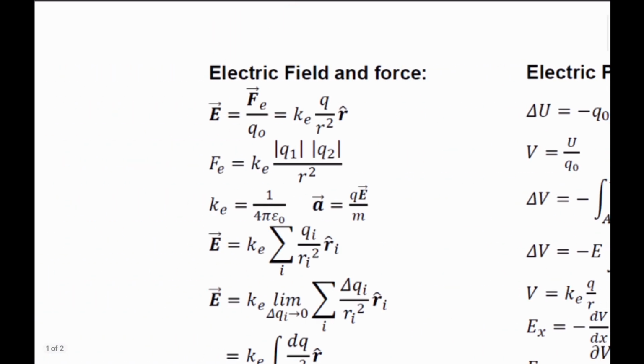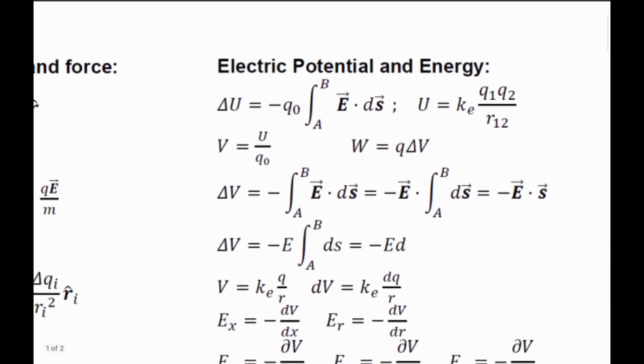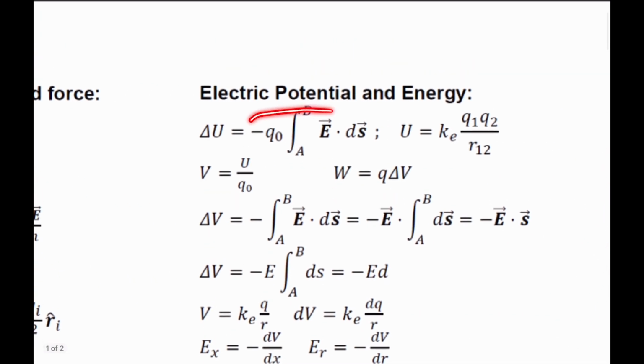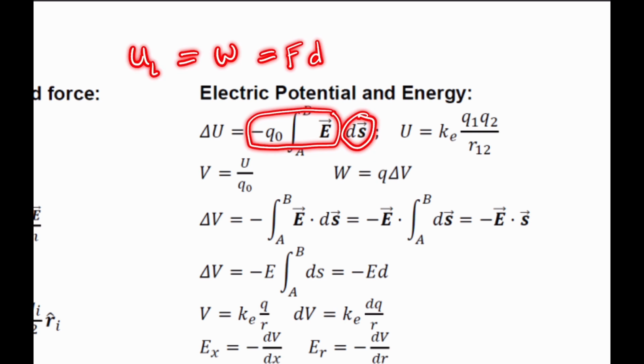Do you remember that equation? That is from here. Multiply this Q naught here, and you get an electric force. So what this is telling you is, we have this thing here, which is a force times a displacement, d. This gives you work, or it gives you potential energy, electric potential energy.